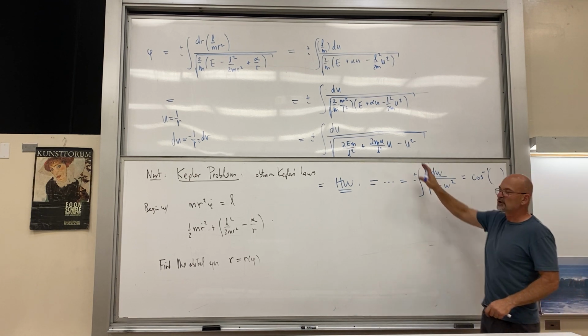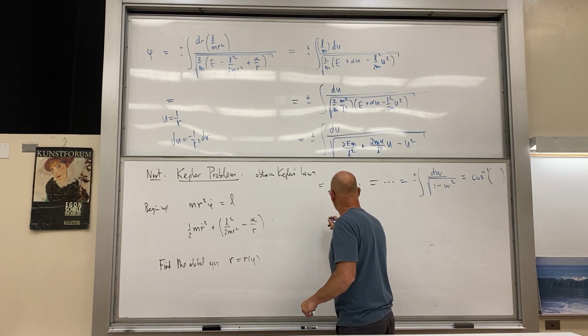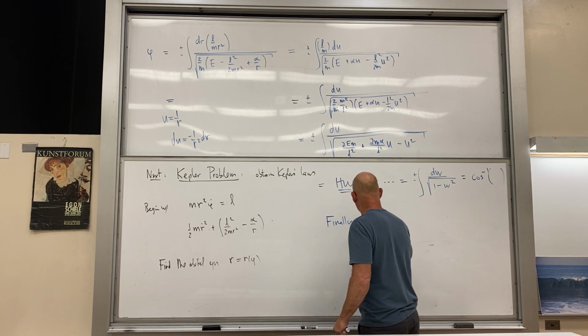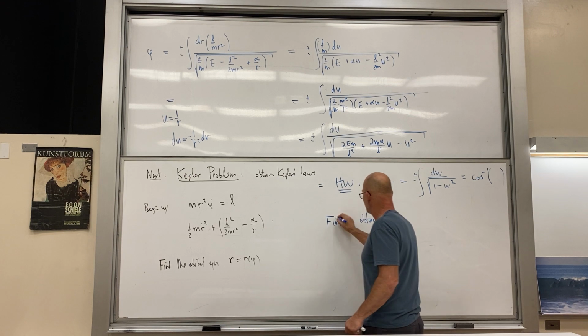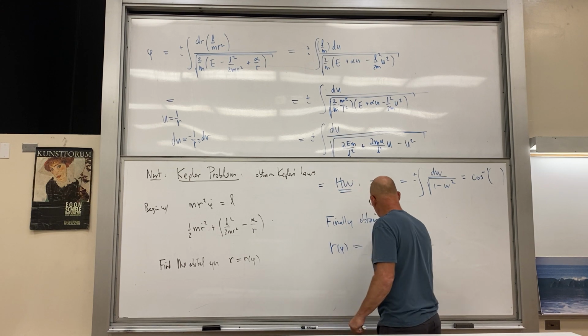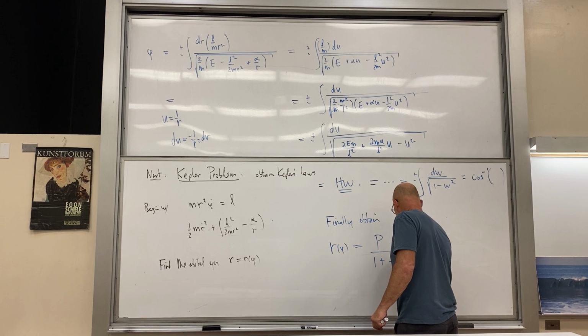And a couple of interesting tricks along the way. But when you get there, finally, obtain r of phi is equal to p over 1 plus e cos phi.